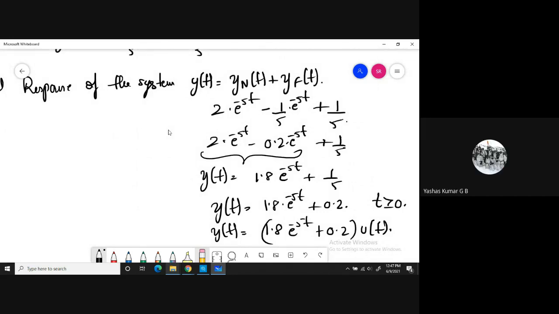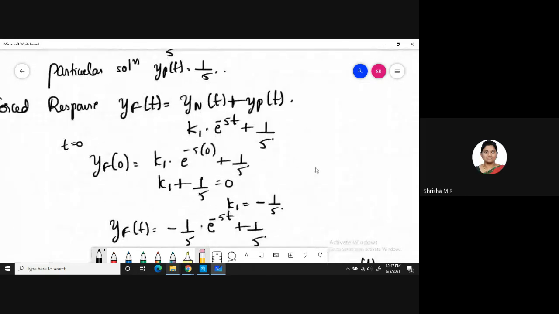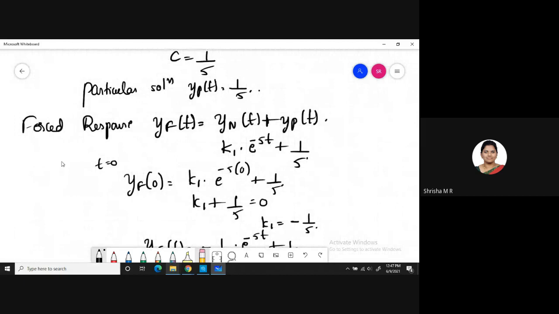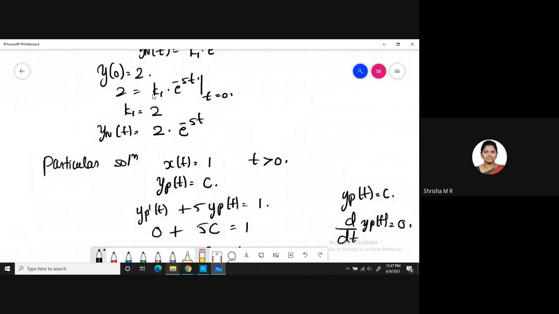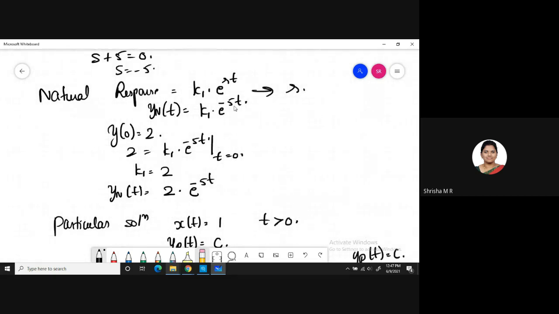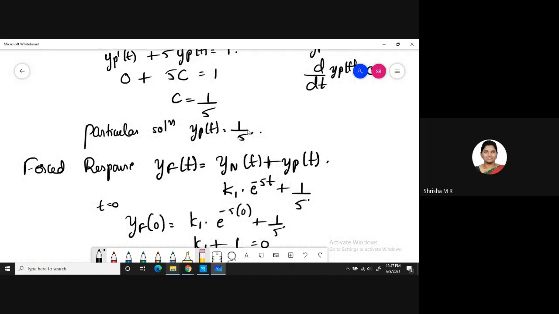Ma'am, show that forced response calculation. Yes. Forced response is natural response plus particular response. When calculating the forced response, don't substitute the value you already have. Put it in the form k1 into e power minus 5t, this structure for the natural response, plus the particular response, which is 1 by 5.